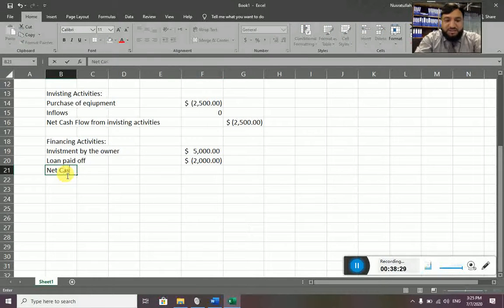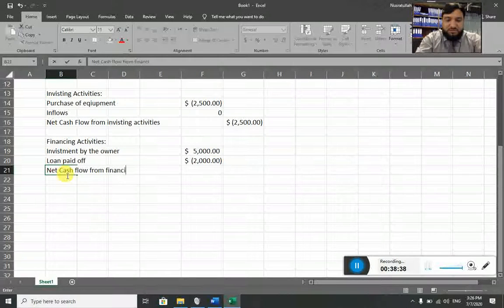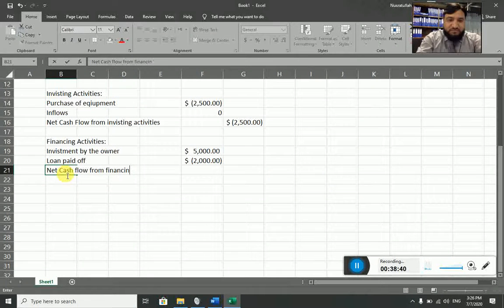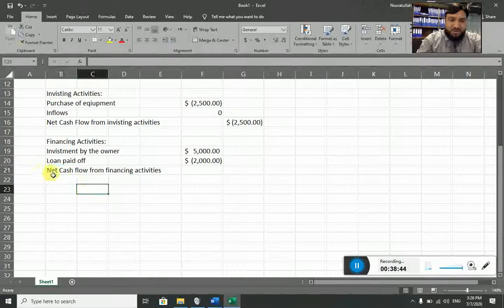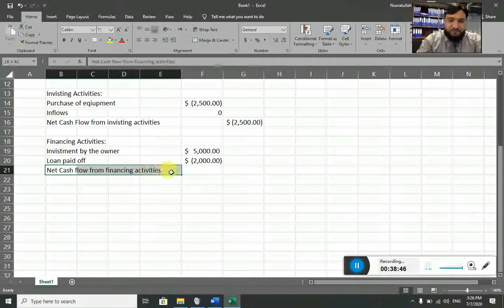Net cash flow from financing activities. Okay, format.